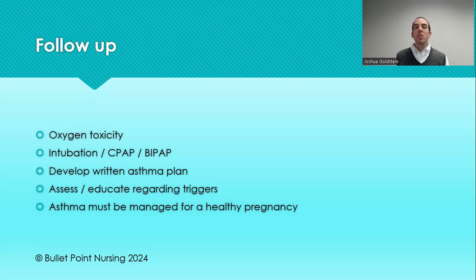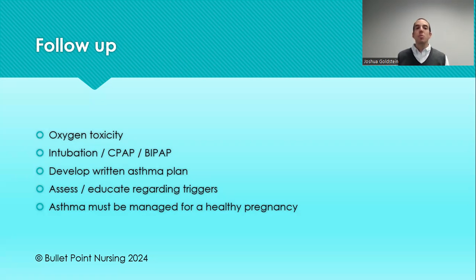CPAP and BiPAP, conversely, these actually can help the patient breathe because these push air into the lungs. So these can push into those pipes that the patient's struggling to fill with air. These mechanical ventilators, CPAP and BiPAP, can actually do that for the patient. This is elementary and more at the RN level, but do remember that it is a standard of care that all patients with asthma should have a written asthma care plan developed with the patient.